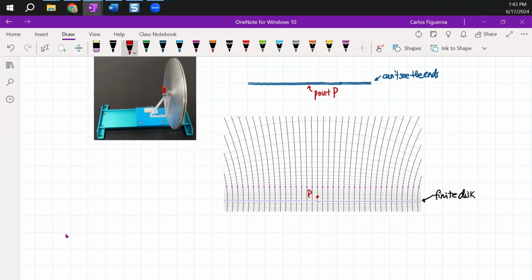So when I look at this thing, what I see right here is that about right in here, I am seeing no fringing of the field lines.